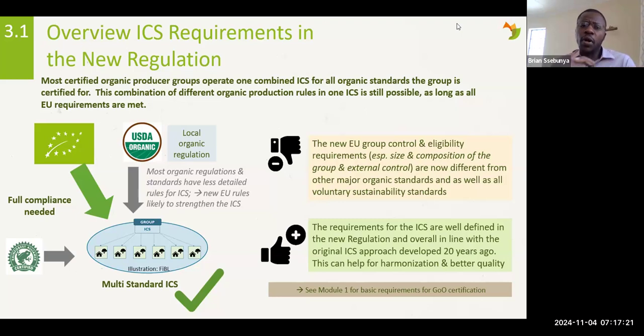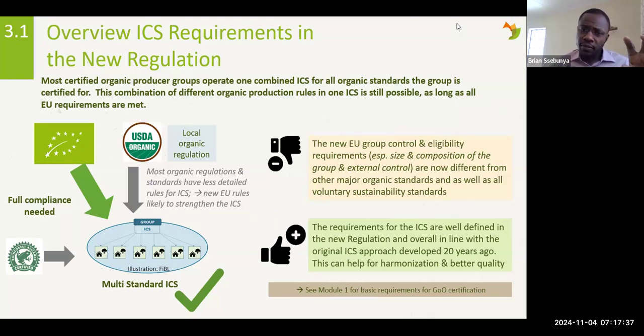We don't want to set up one for the NOP, one for EU, one for Rainforest Alliance, depending on whichever standards you work with. The whole idea is to build everything within one ICS.